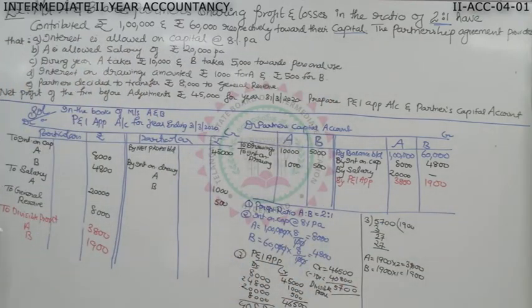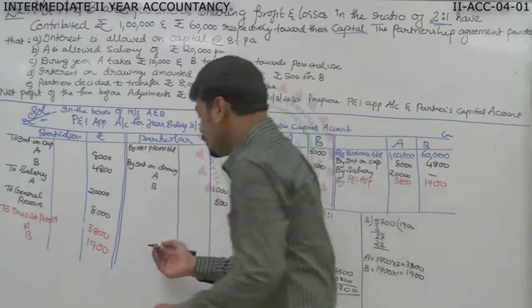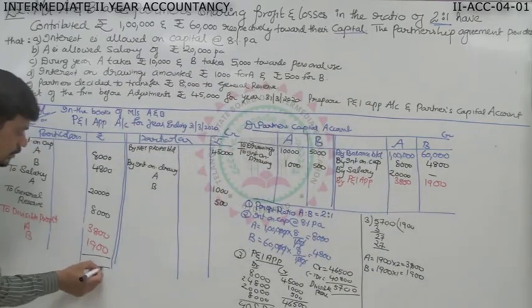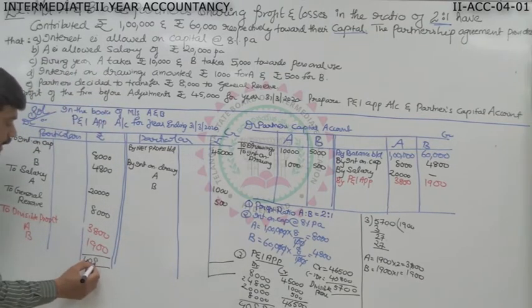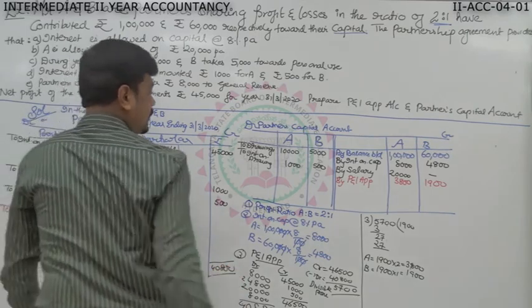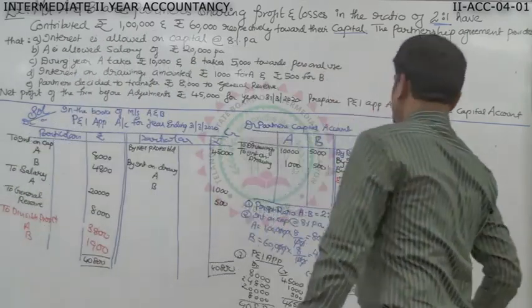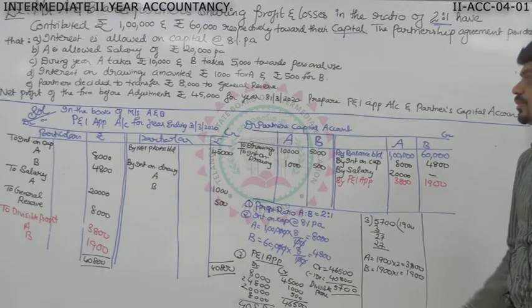So, profit and loss appropriation account is done. Now, balance it. Close it. Already we have the total 40,800, 40,800. Now comes the last account which is to be balanced.